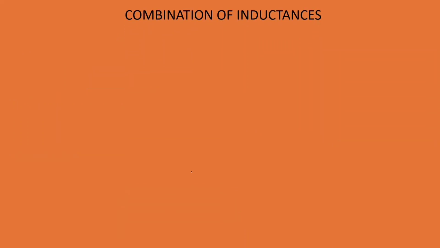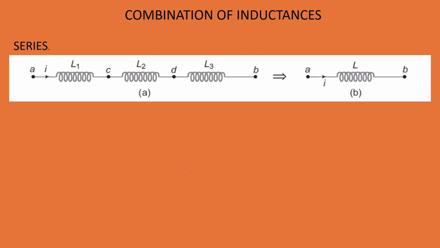Now we are going to calculate combination of inductances. First we will calculate the series combination. That is our working diagram. We have first taken three inductors L1, L2 and L3. In each inductor there is a voltage drop.